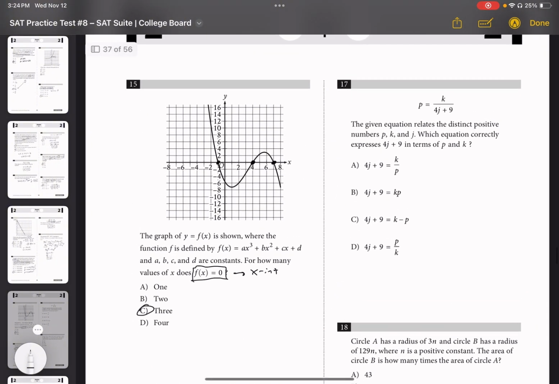Last question for the day. The given equation relates the distinct positive numbers p, k, and j. Which equation correctly expresses 4j plus 9 in terms of p and k? Okay, we need to rearrange this equation. I'm going to write it out again for you. We need to multiply both sides by 4j plus 9.